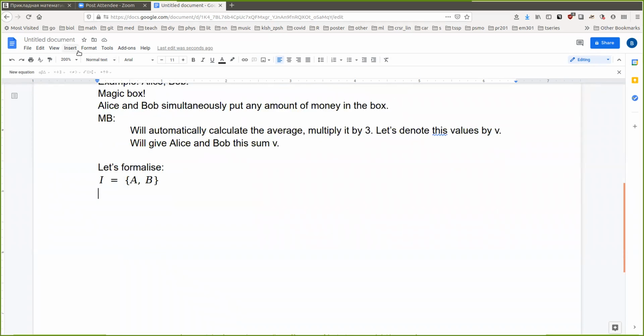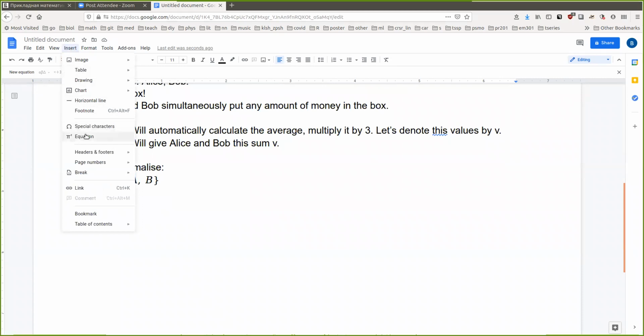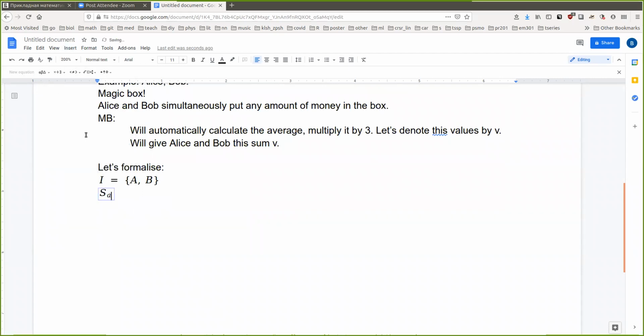Basically, what is Alice choosing? She may choose the amount of money to put in the box. Okay, what are the possible choices?